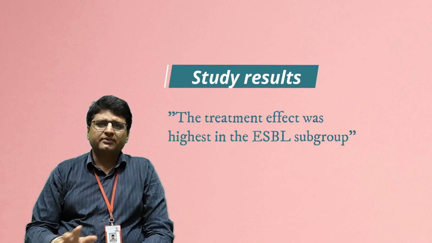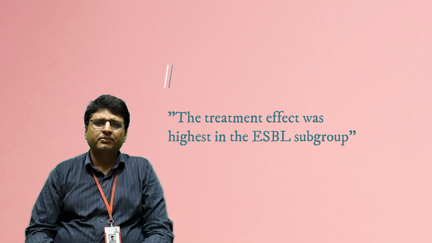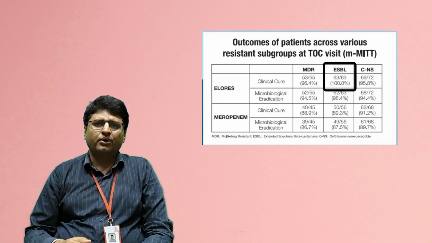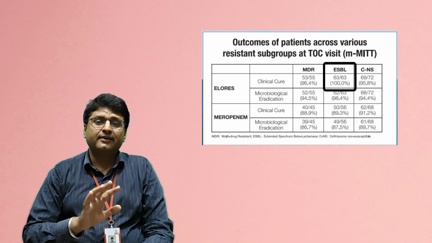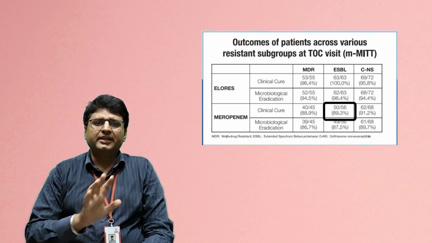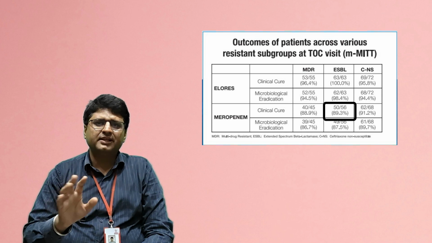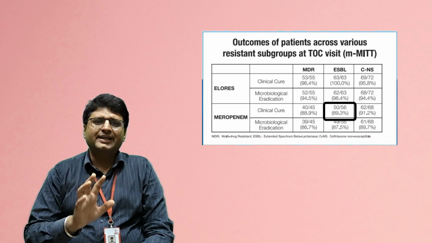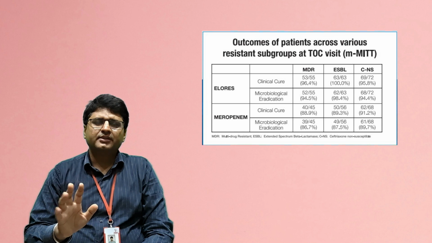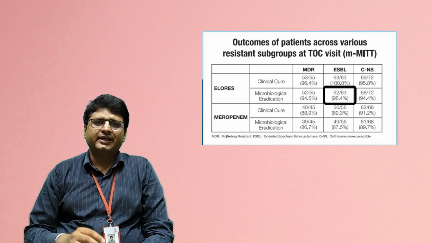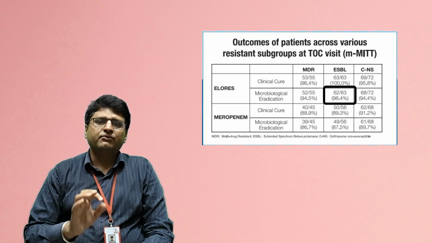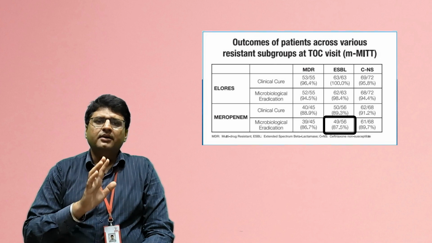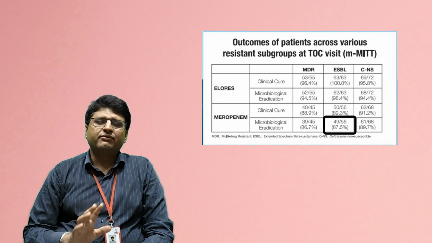So the treatment effect was highest in the ESBL subgroup. Here we can see the clinical cure of Elores for the ESBL resistant subgroup is 100%, whereas the clinical cure of meropenem in ESBLs was 89.3%. Similarly, the microbiological eradication for Elores in ESBLs was 98.4%, and for meropenem, it was 87.5%.